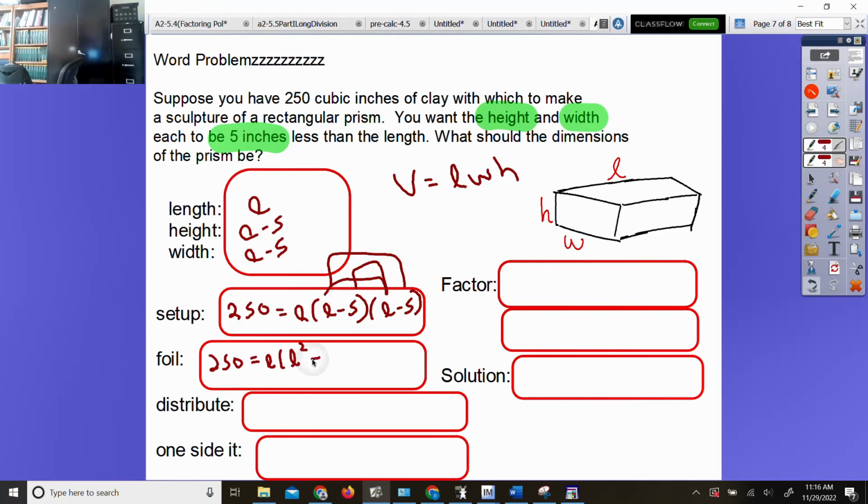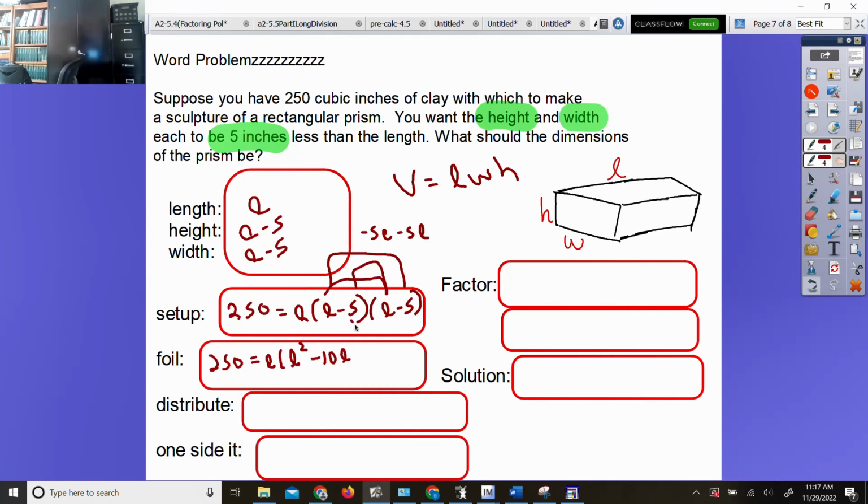Minus 10L. Wouldn't it be minus 10L squared? No. Why would it be squared? Because there's 2 L's. If I was multiplying, but I'm subtracting.